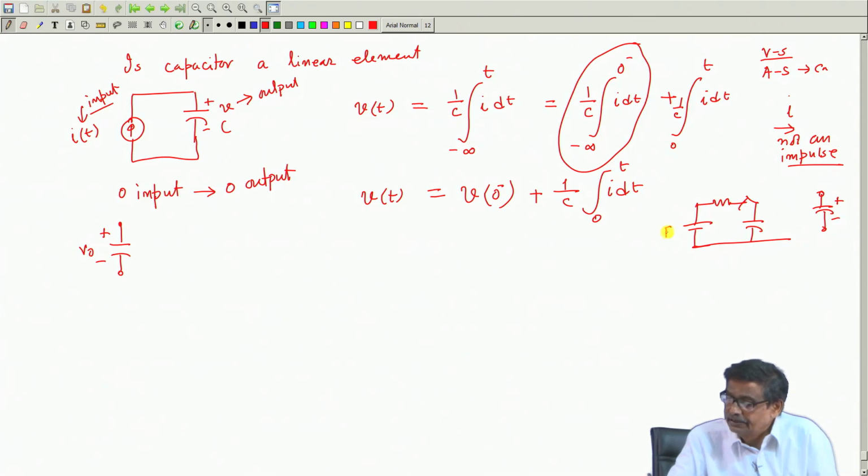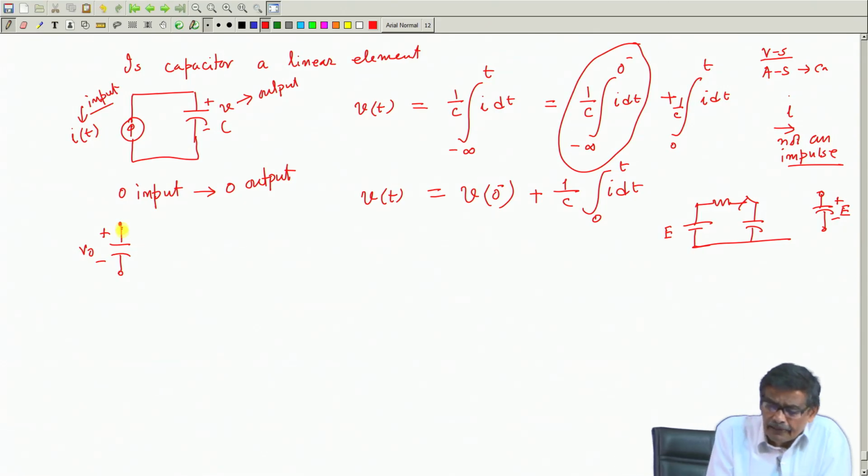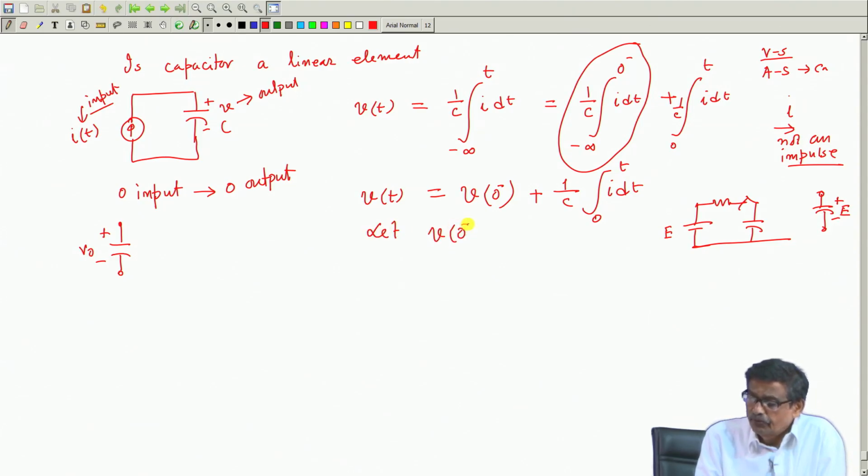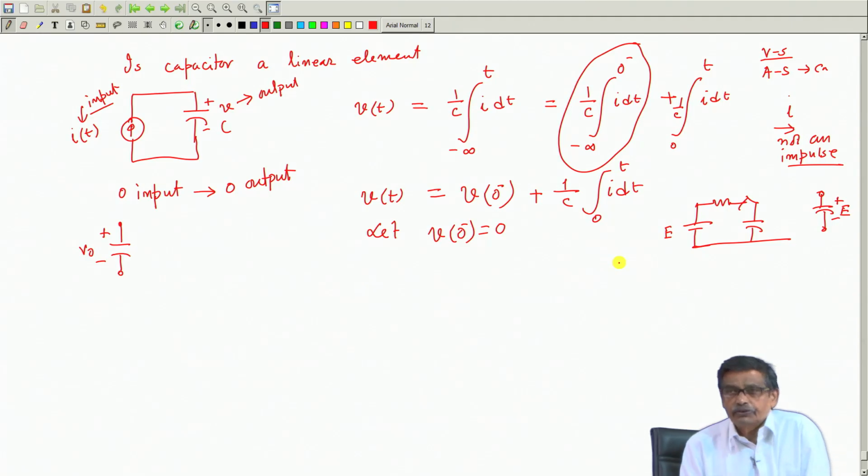If this voltage is E, it will be charged to this voltage and retain it forever. Theoretically that is not possible: through the atmosphere there will be leakage and the capacitor will slowly discharge, but in ideal conditions it will retain that voltage. Similarly, now no current is injected into the capacitor and it has V naught. Let V01, the initial voltage across the plate of the capacitor, be 0. Is it then linear? Let us see.